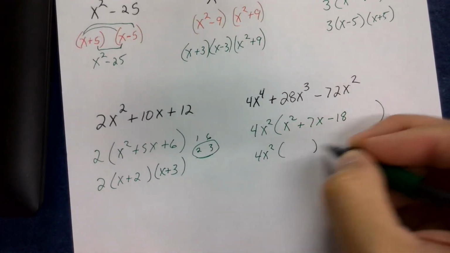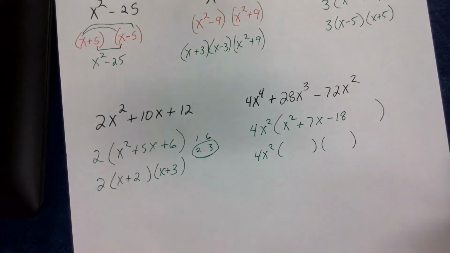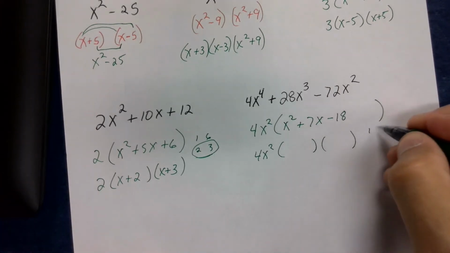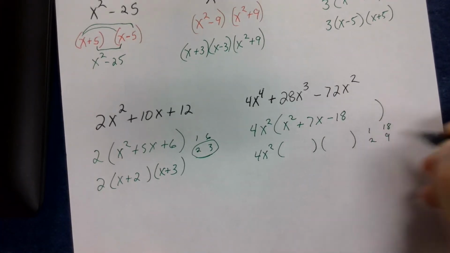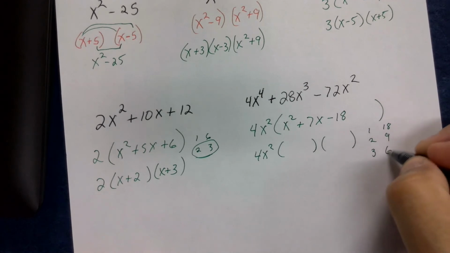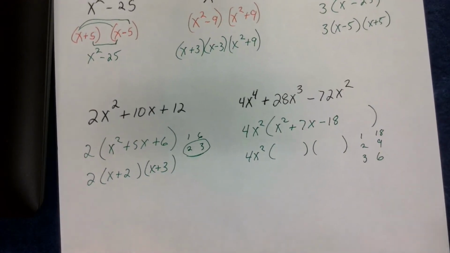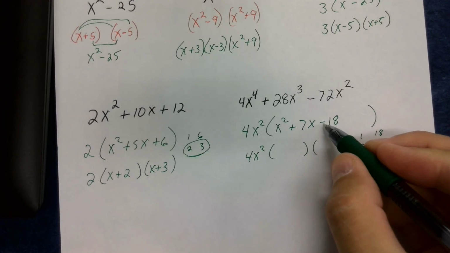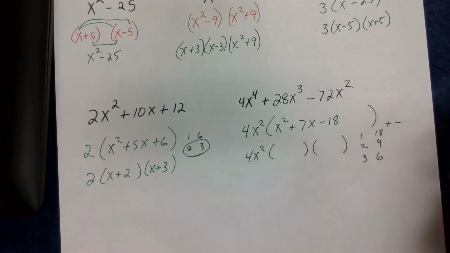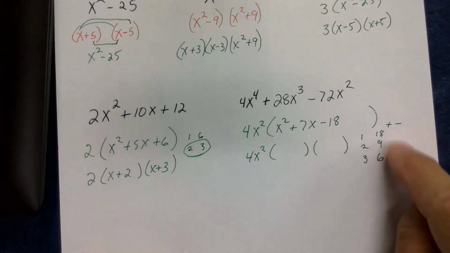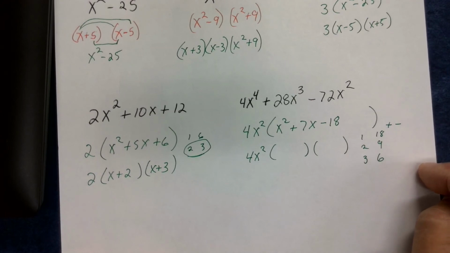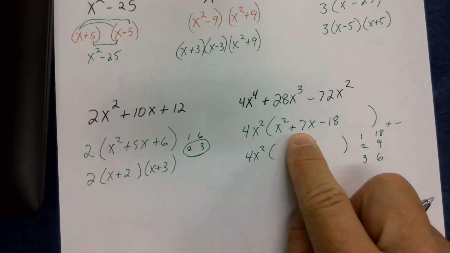So now I'm left with this, and I'm like, okay, well, 4x squared, I can't break that down any further. But can I break this thing down? Well, I look at factors of 18. Those are 1 and 18, and those are 2 and 9, and those are 3 and 6. Those are all my factors of 18. Because this is a negative, that means I have one of each sign, which means I need a difference of these two sets of numbers. So what's going to give me a difference of 7?